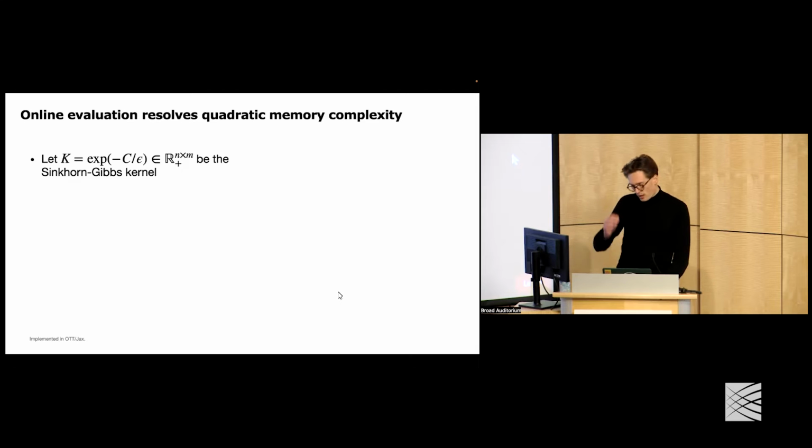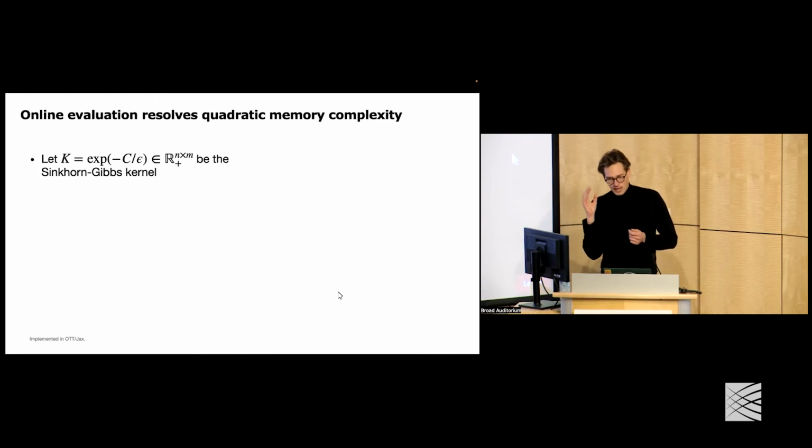All right. So in practical applications, scalability matters because the size of these data sets is ever increasing. And as Marco highlighted before, the time complexity of classic optimal transport is quadratic, but not only is the time complexity quadratic, also the memory complexity is actually quadratic.